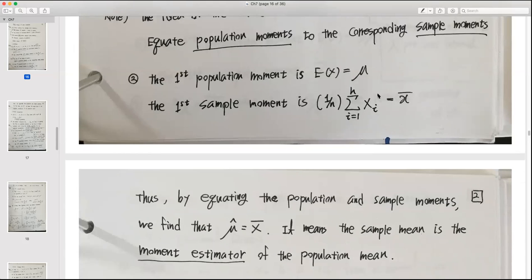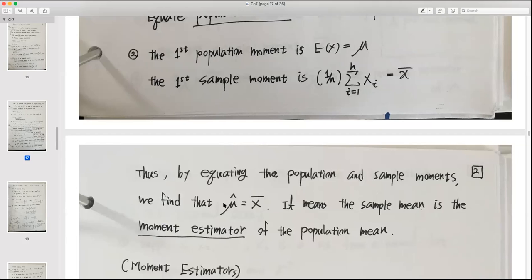It means that x bar is the moment estimator of the population mean mu. Mu hat is the notation of the point estimator of the population mean. So mu hat equals x bar, which is the moment estimator.